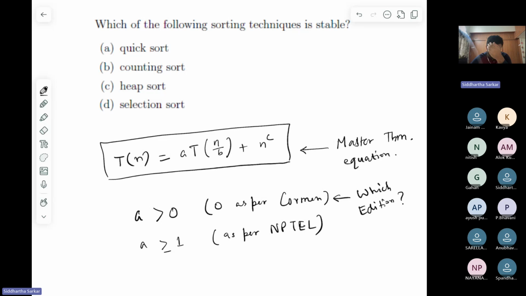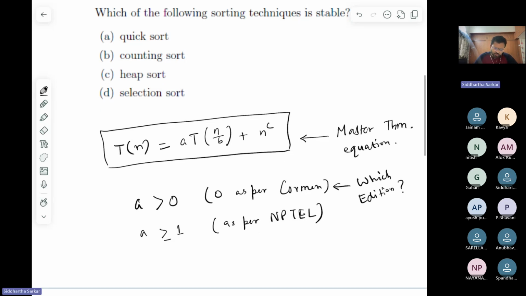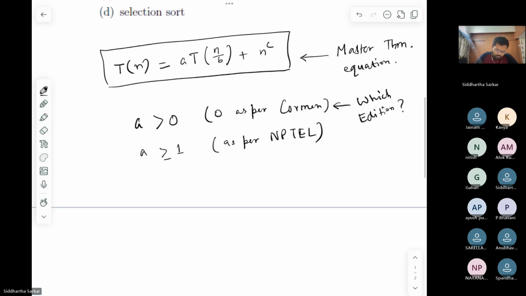See, the thing is, so what I think is the following. For the master method, we have three cases. We compare whether log to the base b of a is greater than, equal to, or less than c.